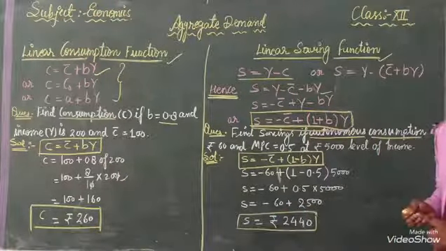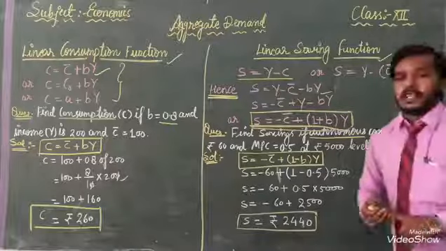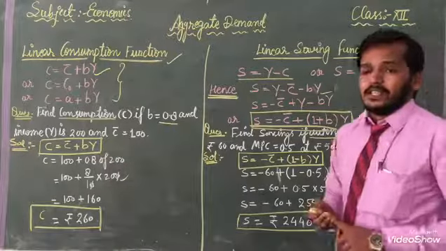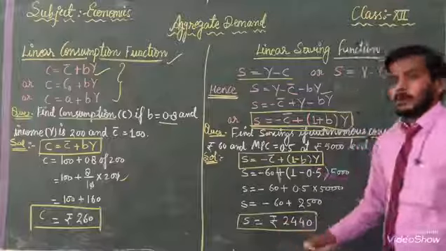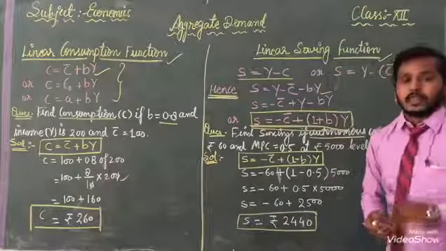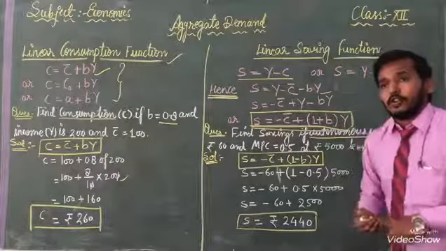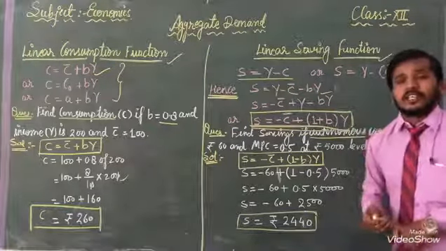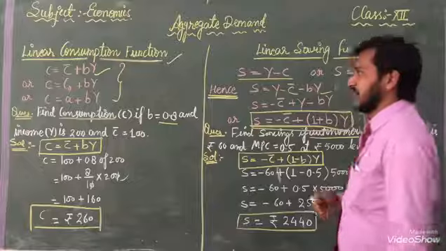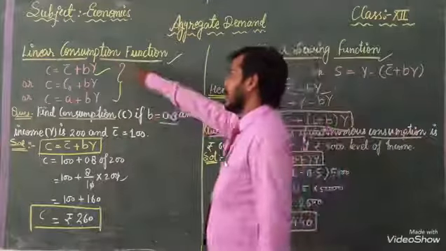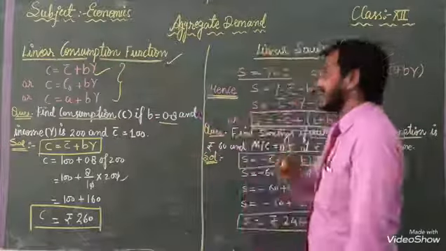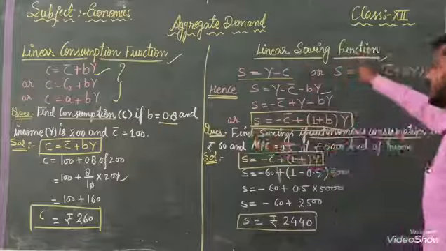With the help of this example, we can find saving with the help of this formula. That's why both formulas are a very important part for you. So you have to write and make a note. Once again listen, the linear consumption function, and the second one is the linear saving function.